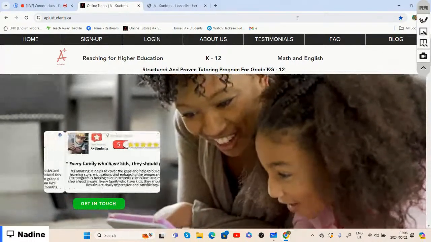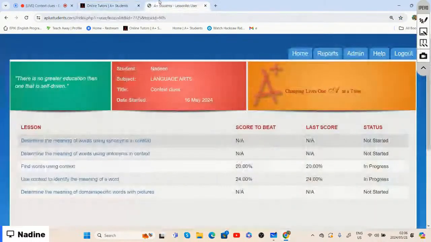Then we're going to scroll down until we get to the chapter of context clues.